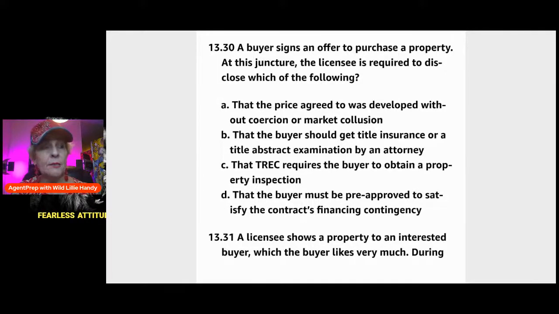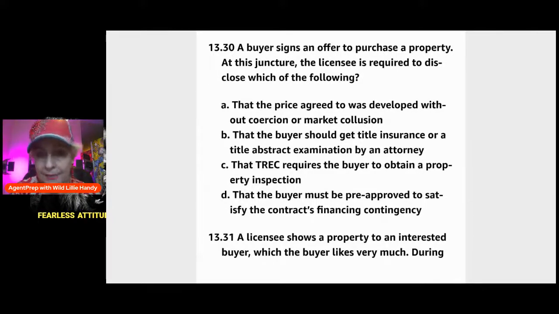No, it's not a C. TREC does not require property inspections. That is up to the buyer. Sometimes the lenders used to require it, but that's not a requirement by the lender. It's by the buyer. Now, if an inspection is provided and there's a lot of issues on it, and there's an amendment that says repairs must be done according to the inspection report, then the lender may require that inspection report and say, oh man, this house has too many issues.